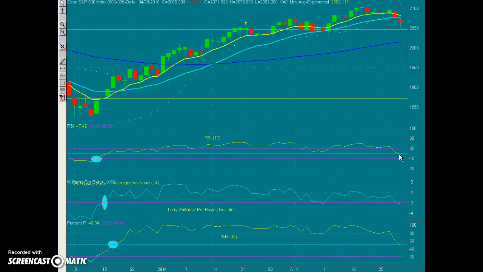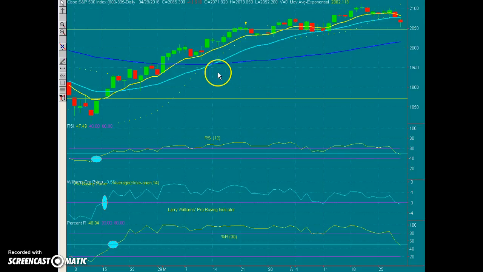That is weakness here. And below that, we have Larry Williams' pro-buying indicator, also below the zero line. So these three indicators here, including percent R, are showing us some weakness as the market pulled back from this high.